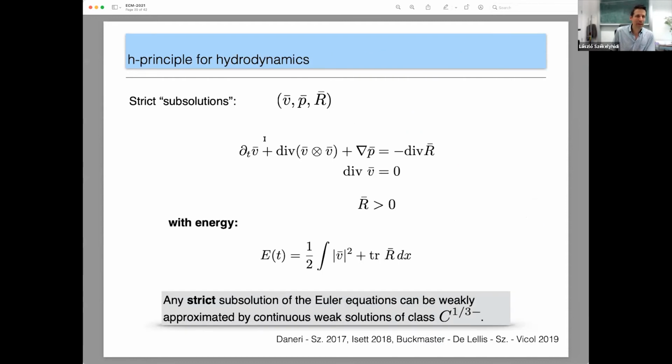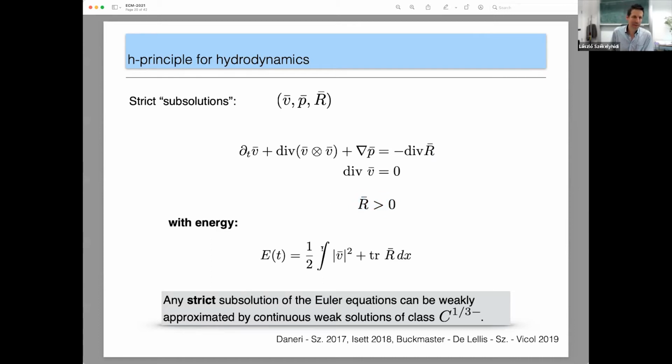Just to give a flavor of what it gives, suppose you have a solution of this unclosed system, let's call it a subsolution. So now you have a v bar, p bar, and R bar. The only thing we know about R bar is that it doesn't have to vanish. In fact, let's assume it's positive definite.